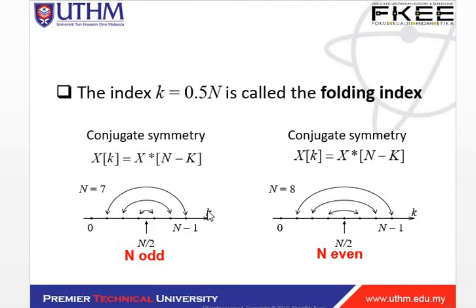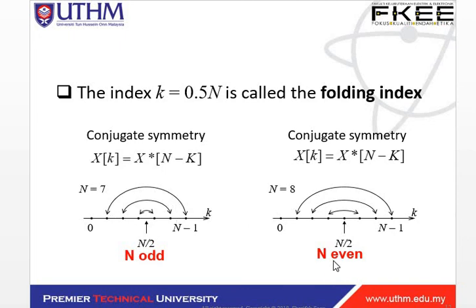So 0.5 times 7, you get 3.5. So this is N over 2. This value will be the conjugate of this value, and this value will also be the conjugate of another value. So this is the property of symmetry.